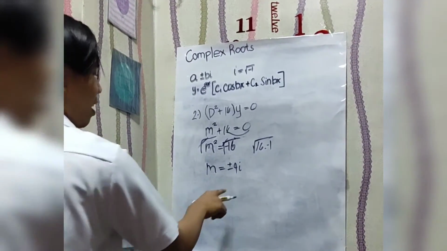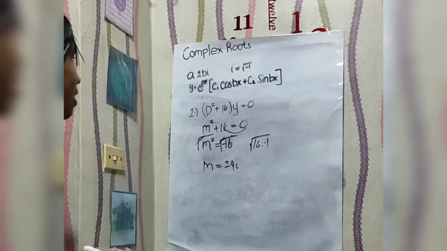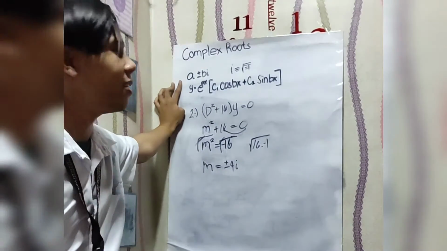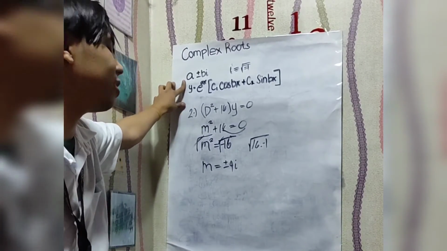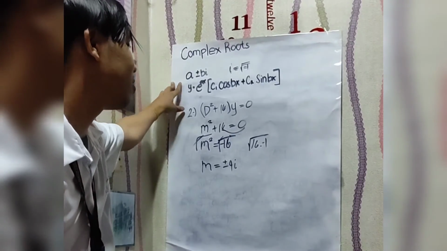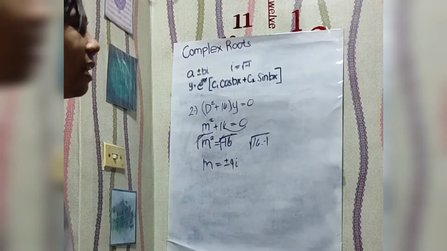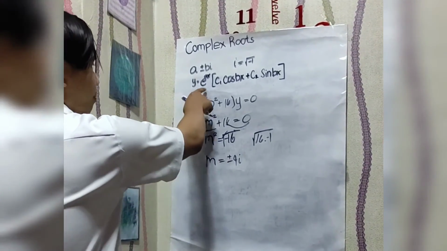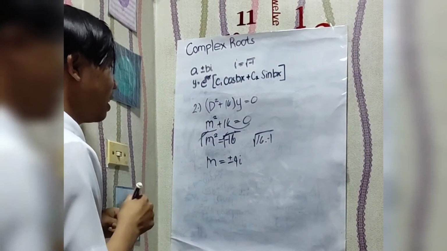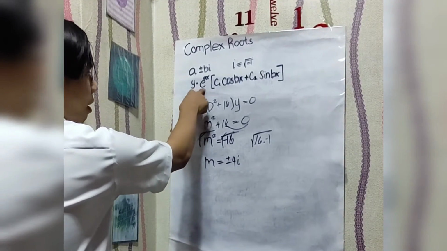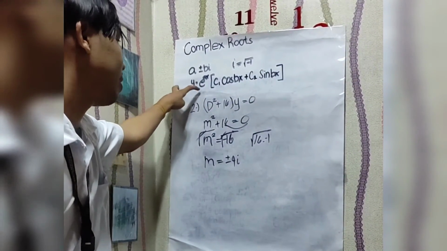Paano gagawin natin dyan? In the form pa din ba siya nito? Oo. Kasi yung a natin ngayon is 0. Parang may 0 plus or minus 4i siya. So, pag sinubstitute natin yung a dyan, yung e natin mawawala na, kasi magiging 1 na lang siya.